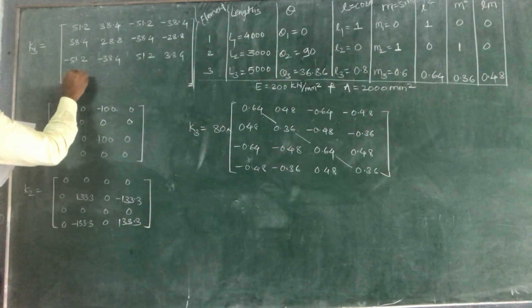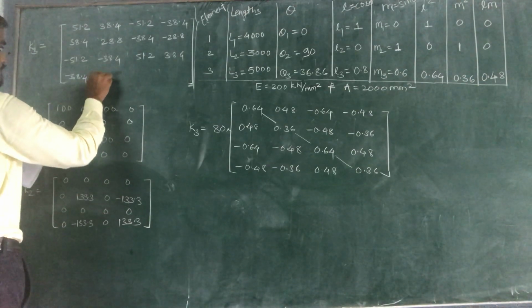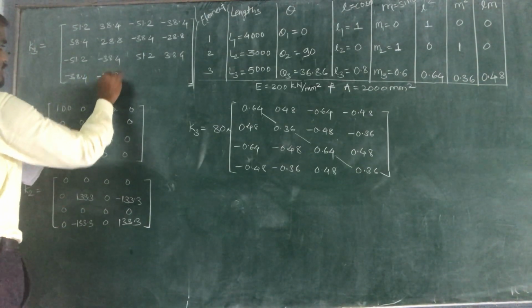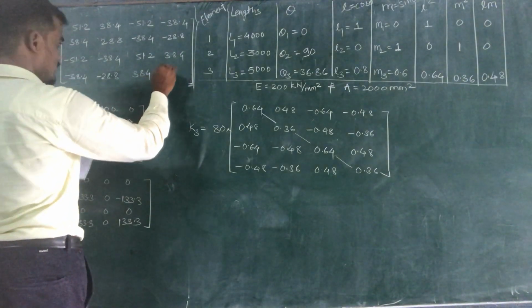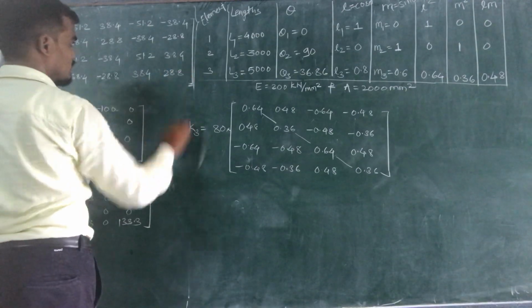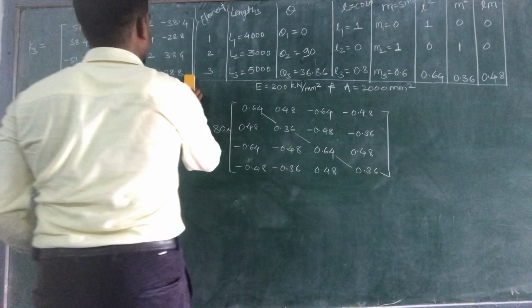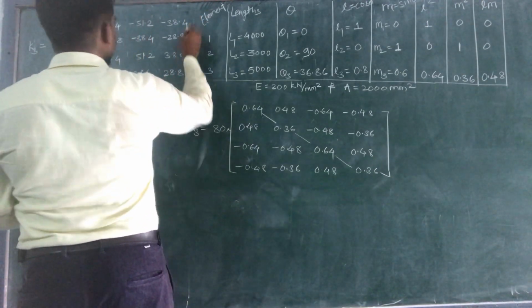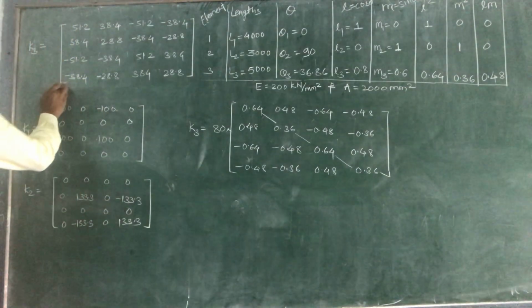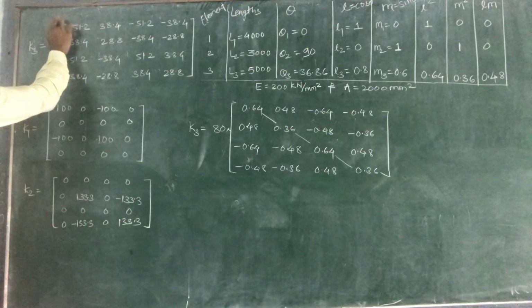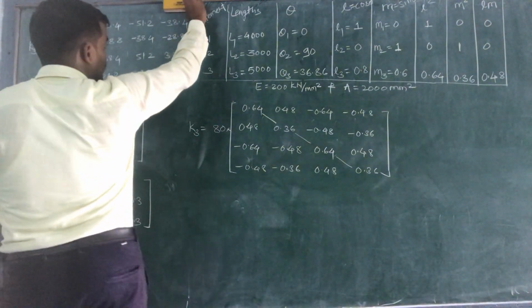Then minus 38.4, minus 28.8, 38.4 and 28.8. So in this way you will get the third elementary stiffness matrix.